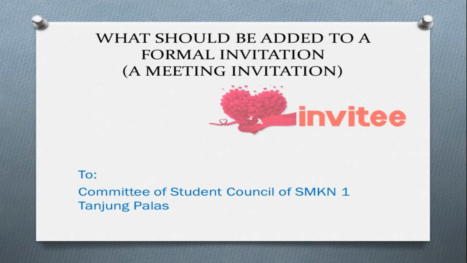The first is invitee. So this is what should be added to a formal invitation, especially a meeting invitation. You want to make clear your invitation. Who your invitation is for is stated in this invitation by writing, for example, to Committee of Student Council of SMK Negeri 1 Tanjung Palas.